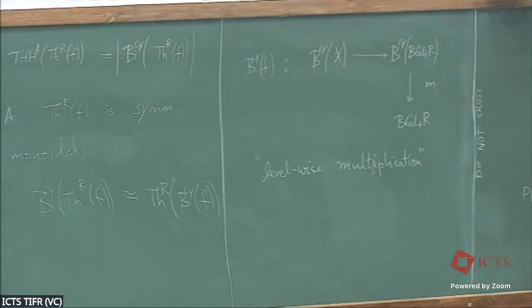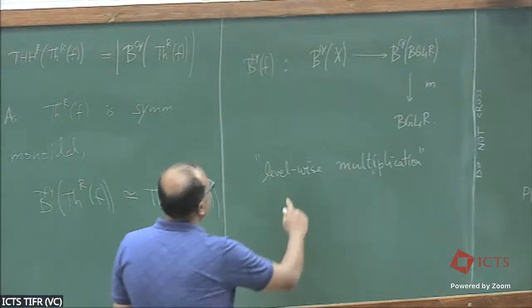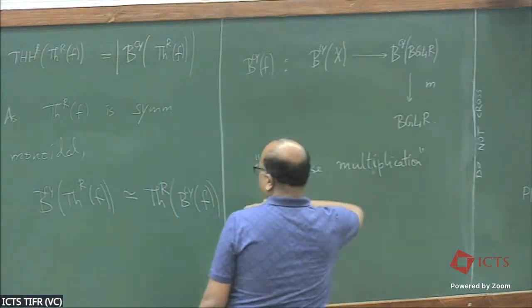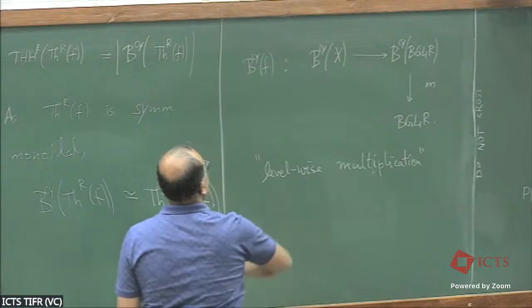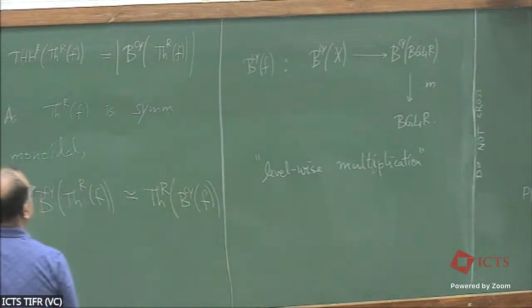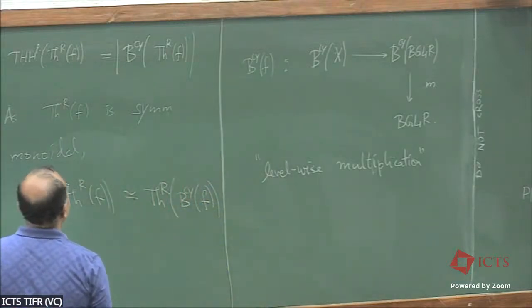Okay. So this is my, so morally this is the cyclic bar construction BCY of F. So that is step 1.